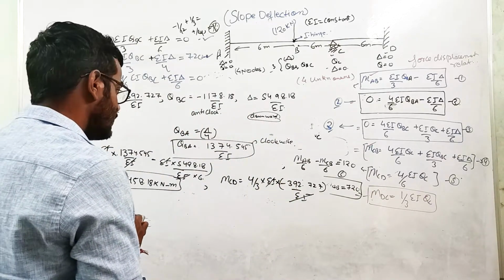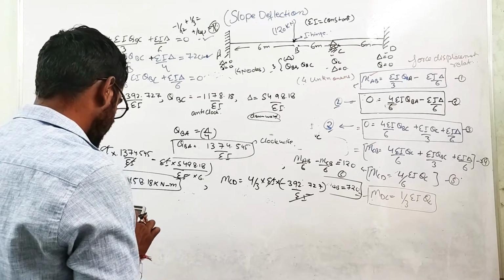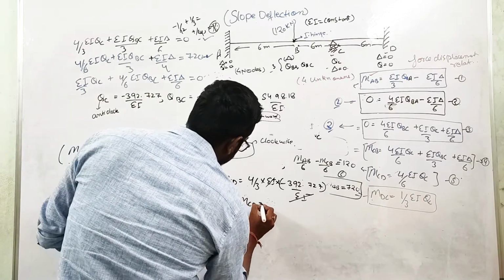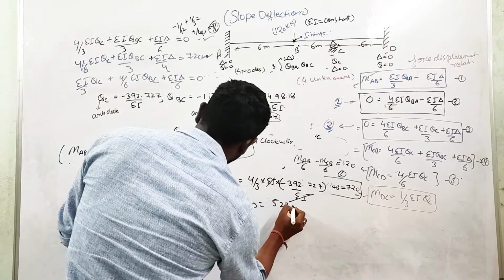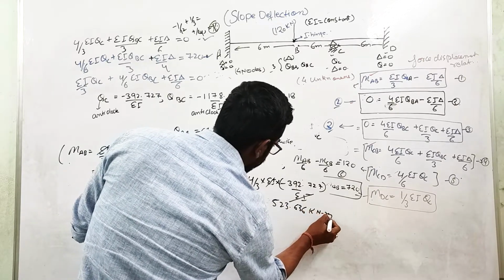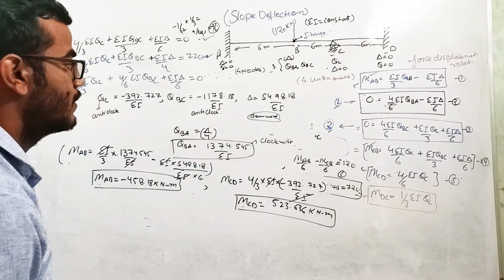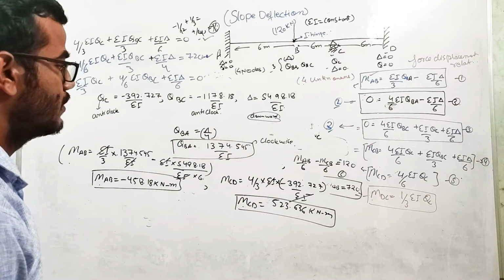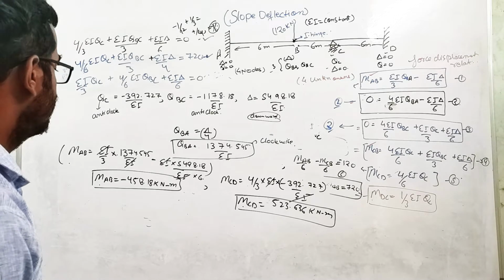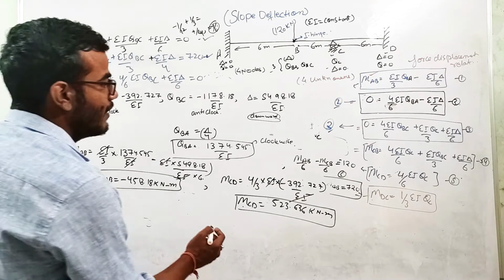So this value is 392.727 into 4 divided by 3. So MCD is 523.636 kilonewton meter. So this MAB we have calculated, MCD we have calculated.